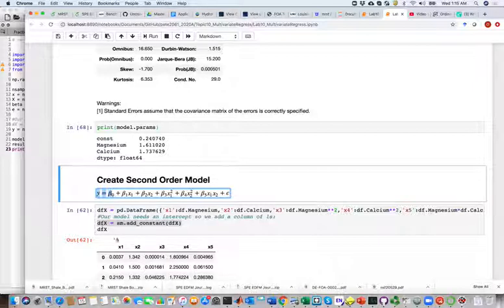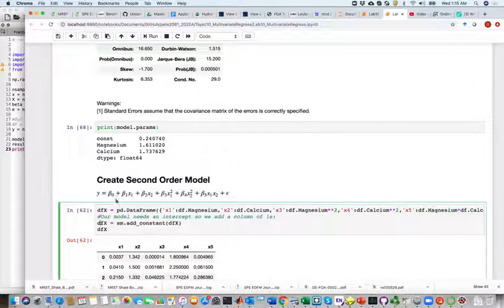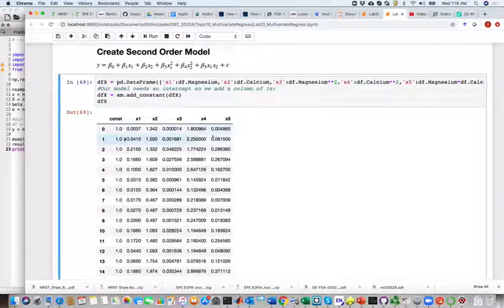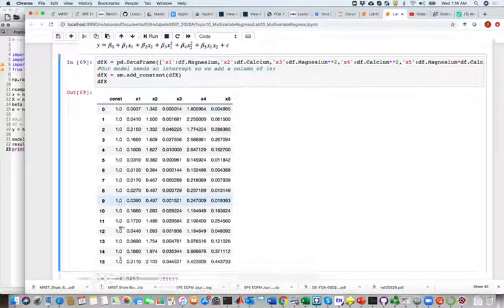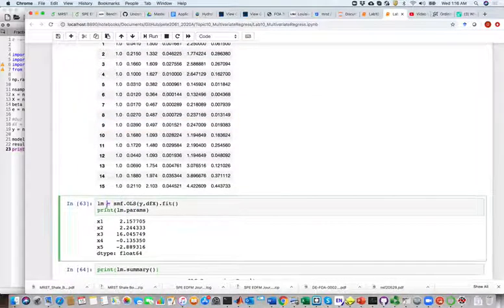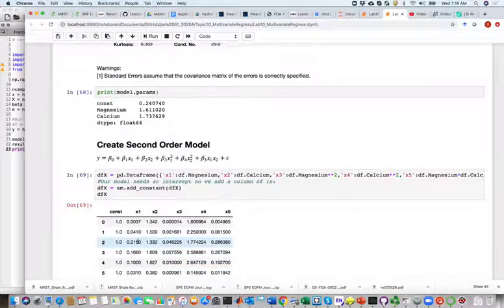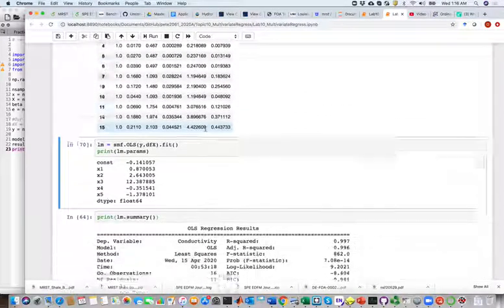If you don't add it, if you comment out this line, then you're assuming intercept is 0. But because we don't make that assumption, we can run this, get these results. That's your constant term. And when you do the regression, you will have the coefficients beta 0 through 5 corresponding to these 5 terms, beta 0 through beta 5.